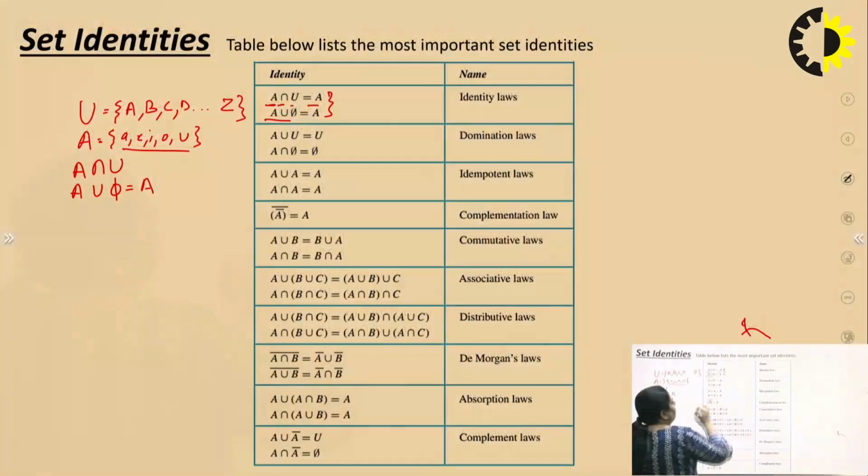Whenever we apply intersection with the universal set and union with the empty set, we always get the identity set. So this is the identity law.